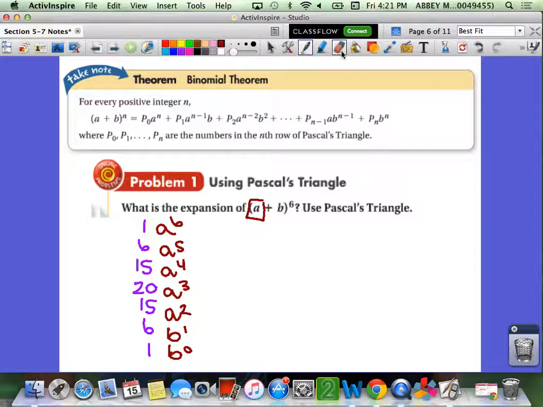Oh, why did I write B? Okay. Now, I'm going to take my B term, my second term, and you'll notice I'm going to take the sign with it too, and I'm going to start at 0 and then work my way up.